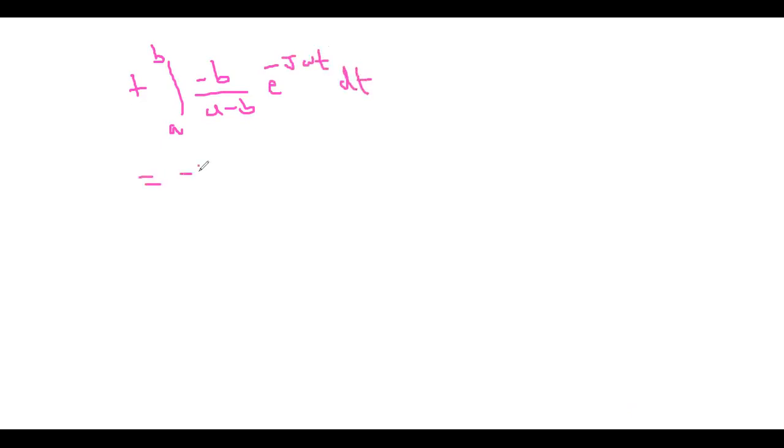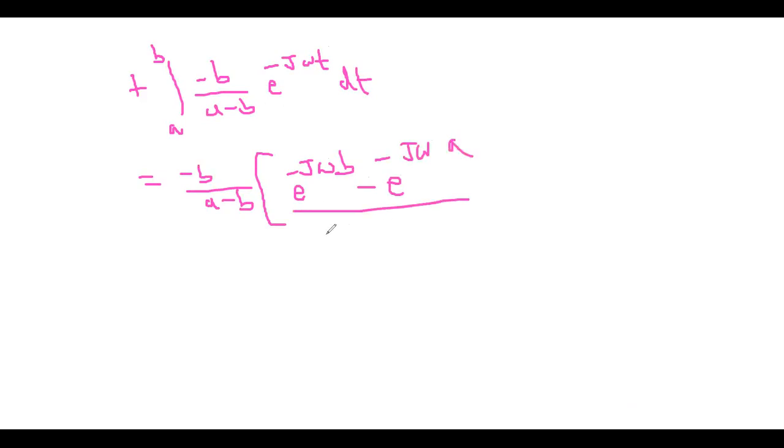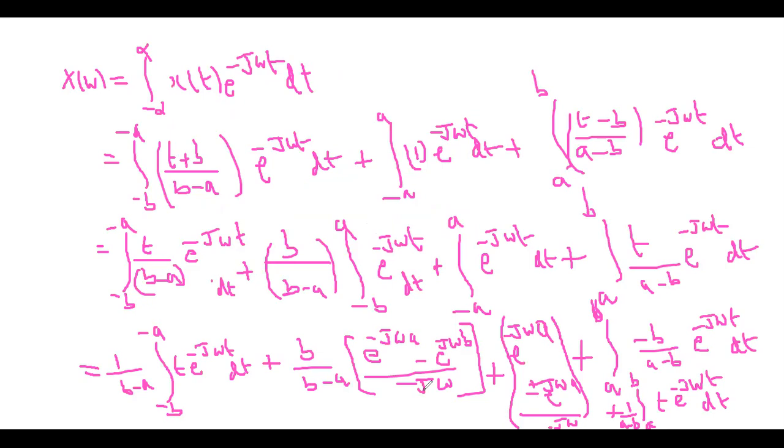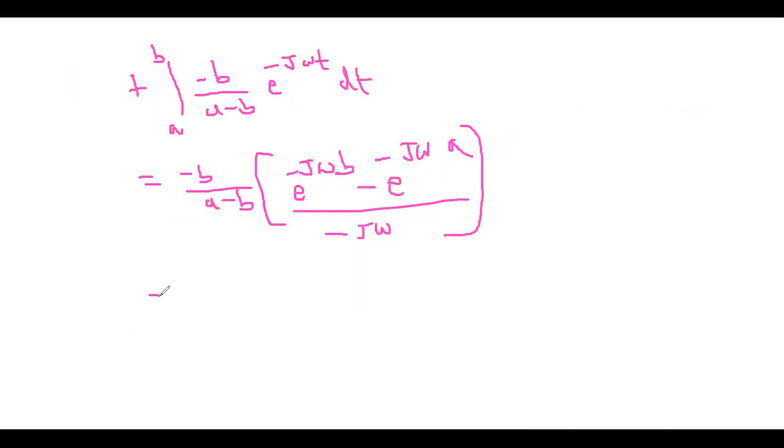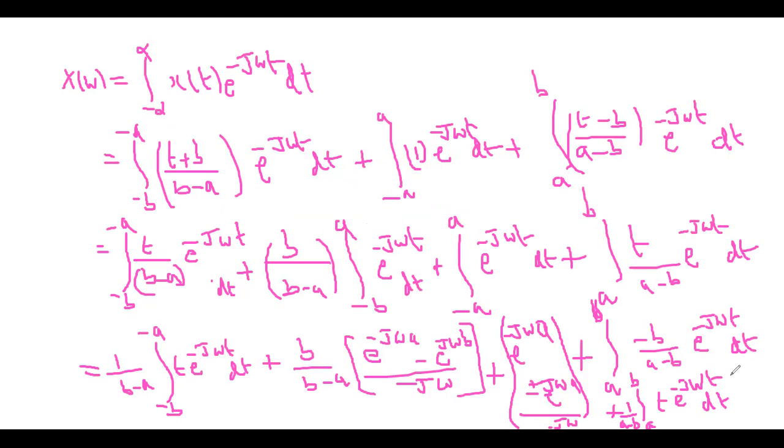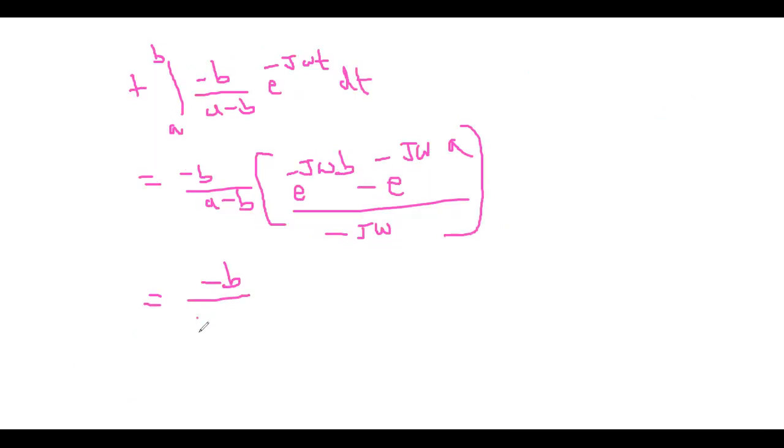For this, we get minus b by a minus b, e power minus j omega b minus e power minus j omega a, whole divided by minus j omega. Okay, now I can see whether any common terms are there. b by b minus a, and here b by a minus b. So it also changes: minus b by a minus b becomes b by b minus a, a plus.